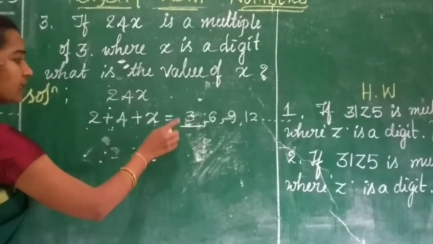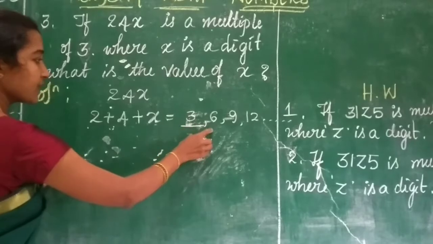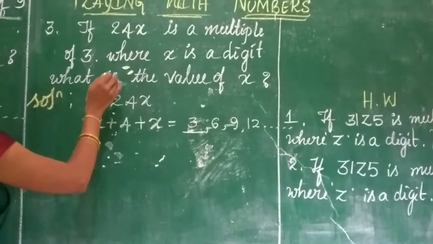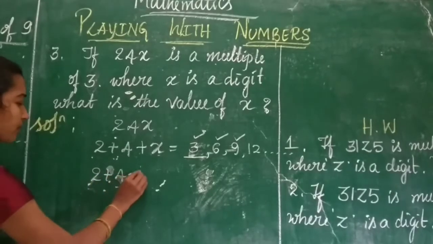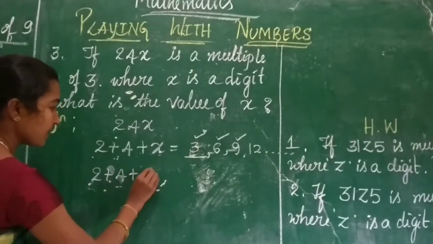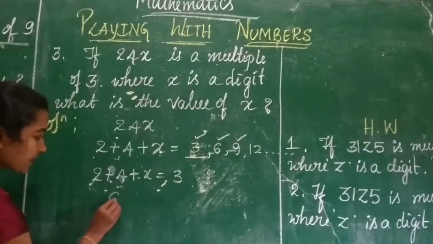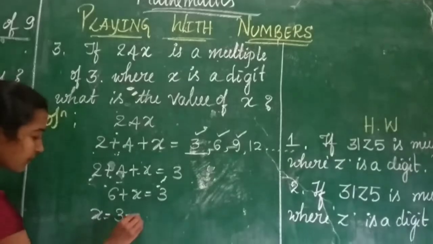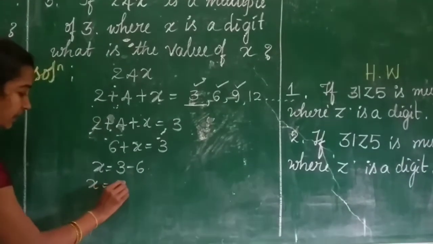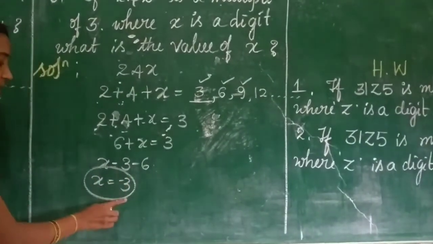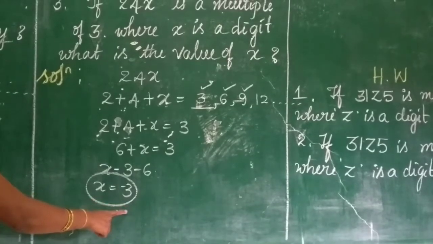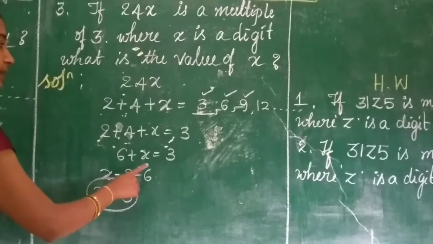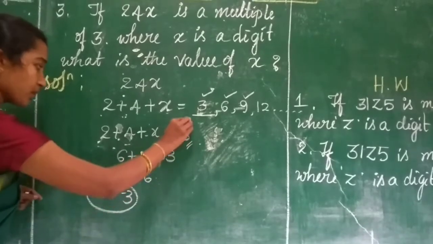Take the sum 2 plus 4 plus x is equal to 3. 6 plus x is equal to 3, x is equal to 3 minus 6. Look at children, the value of x takes minus 3. That's why this is not possible. So our taking the sum 3 is wrong.